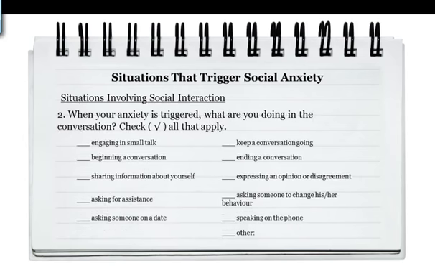Question 2 is, when your anxiety is triggered, what are you doing in the conversation? And again, you want to place a check mark to all the answers that apply to you.